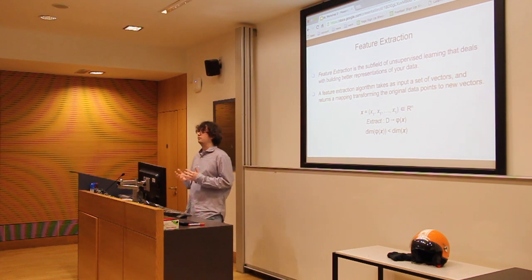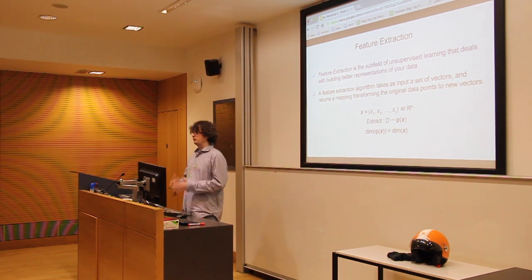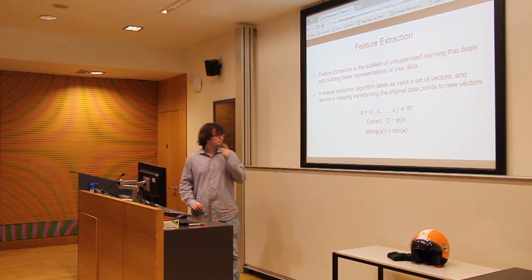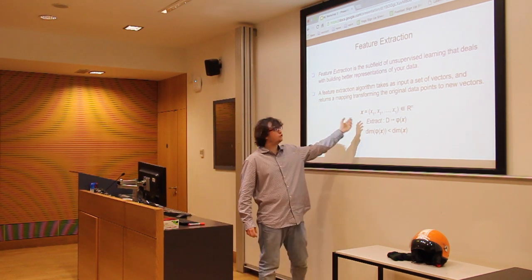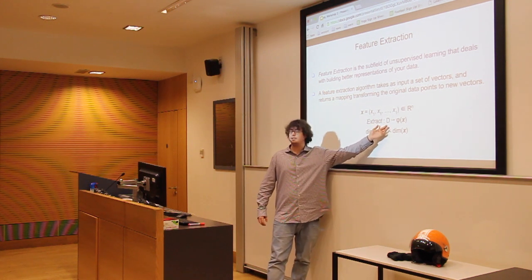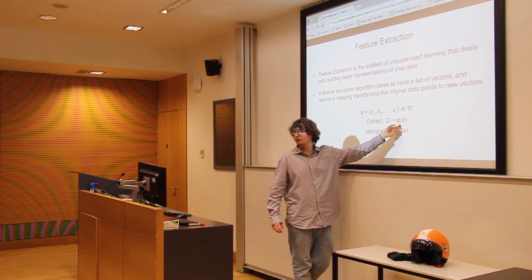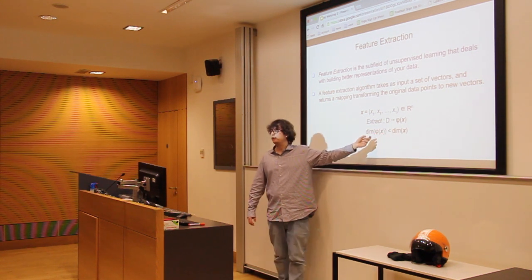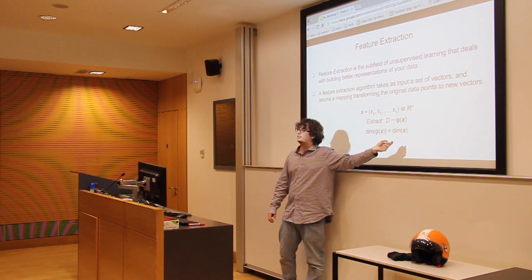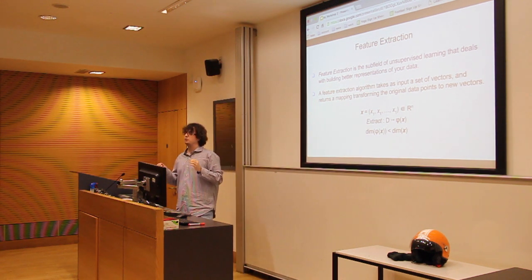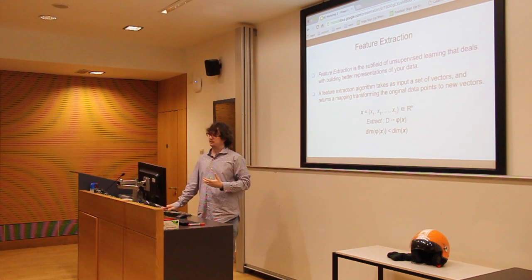Automatizing the process can yield better results in a fraction of the time. So the outcome of the feature extraction algorithm is again a mapping that maps your data into some other vector, which in most cases you're interested in being smaller than the original vector. So you will have fewer elements in your vector, but you will be preserving the important information for you.